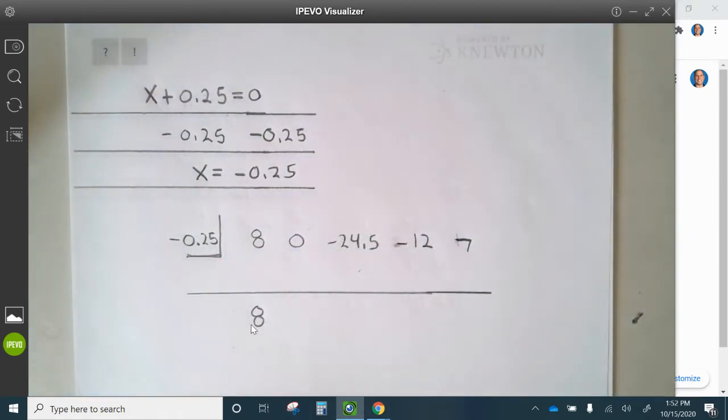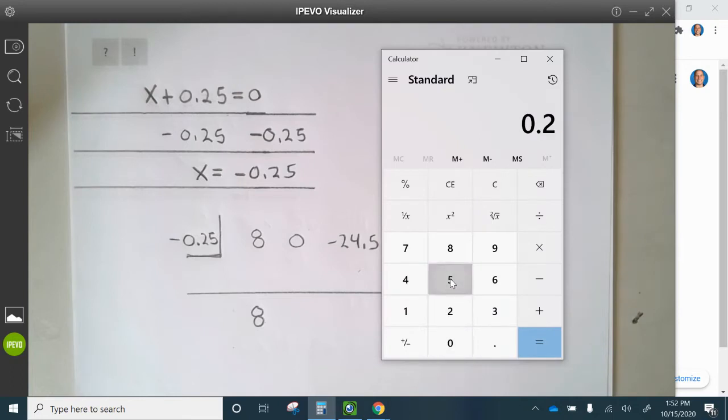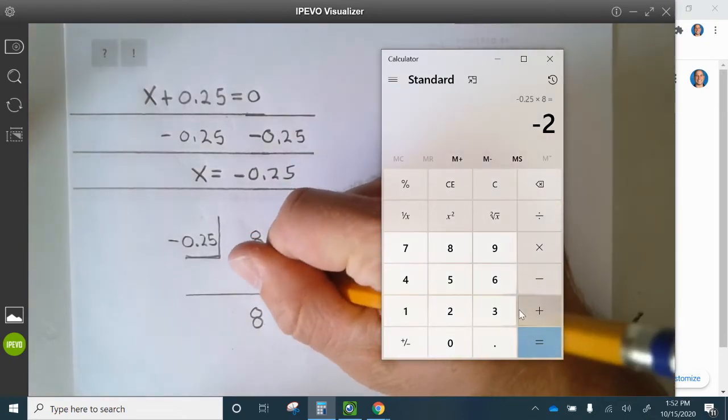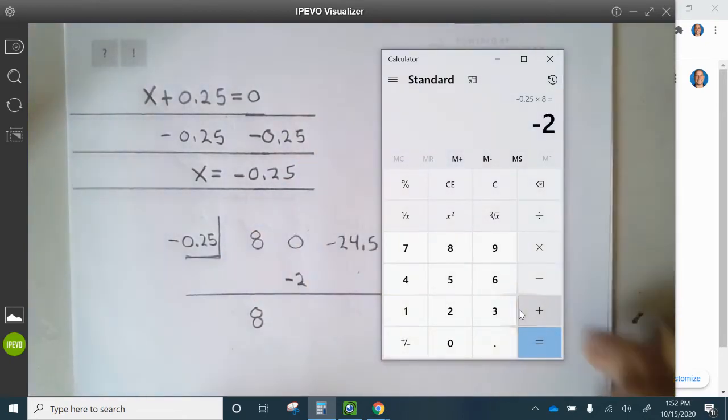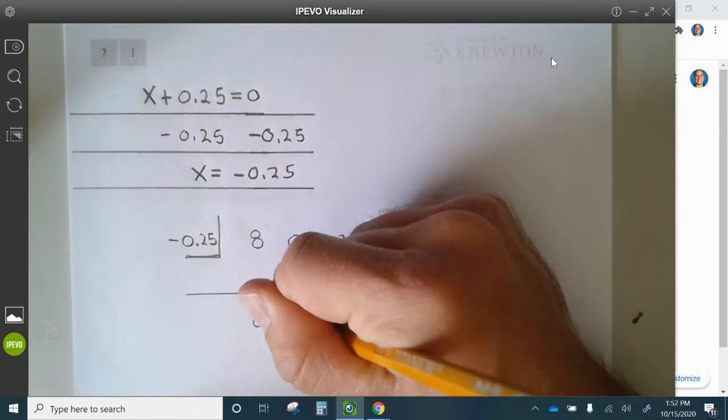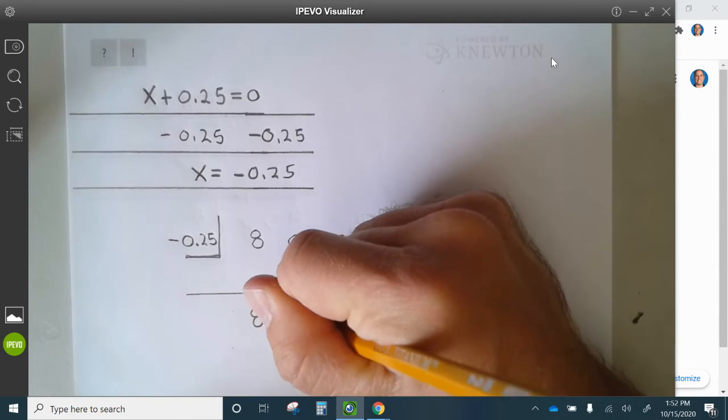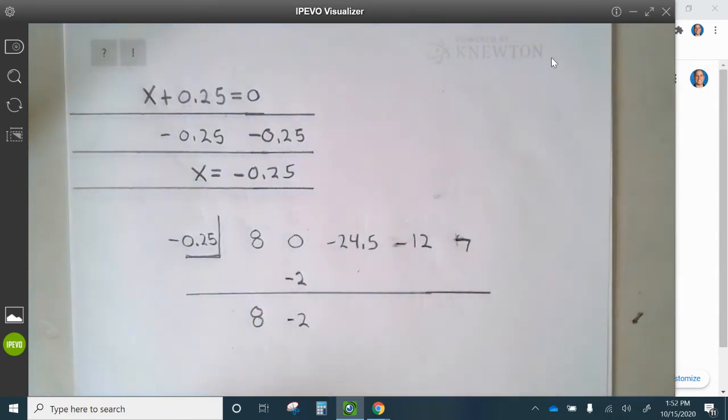And negative 0.25 times 8 is, I think, negative 2, but let's use a calculator just to make sure. So negative 0.25 times 8 is negative 2. Okay, now 0 and negative 2 combine to be negative 2.